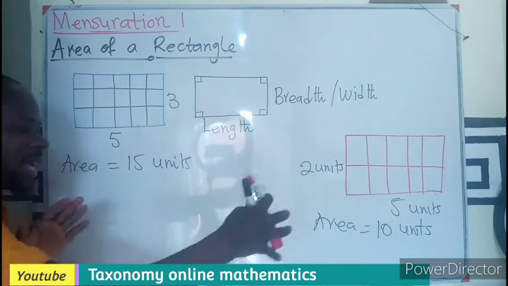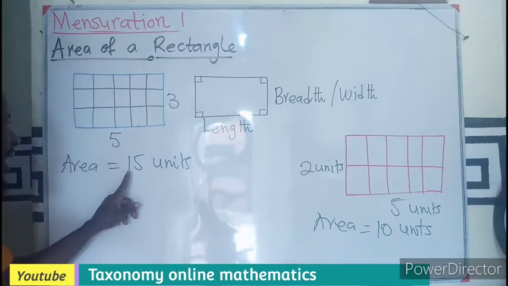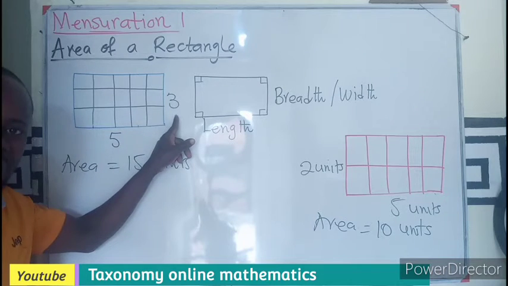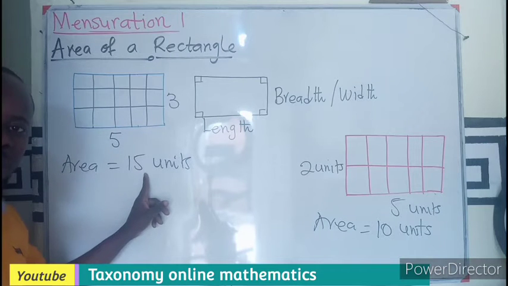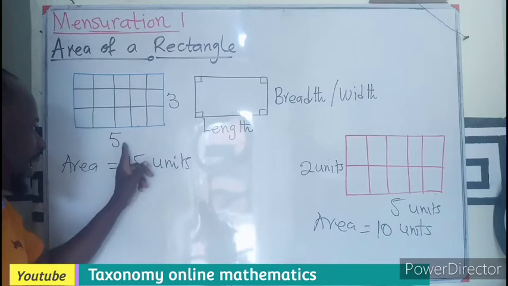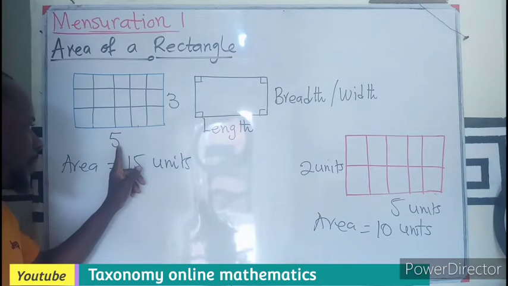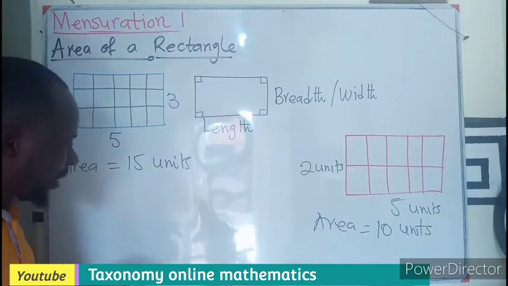So now if you compare the two diagrams, you can see that this is 15, this is 3 and 5. If you look at 5 and 3 and look at 15, there is a connection between these 3 numbers. Meaning, if I multiply this by this, that is 3 by 5, I should be getting 15.